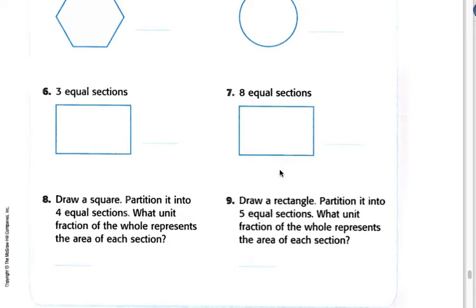I know it's hard to see because you can't see the lines I'm drawing. So let me go over it one more time. Divide it in half. Divide those in half. You can do it on both sides. And then divide those in half. Now, to make sure you got it right, just count. Make sure that you have 8 sections. And if you don't, you can erase it and try again.